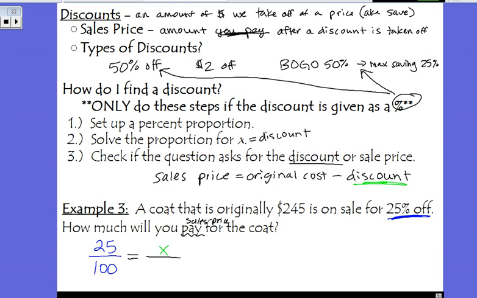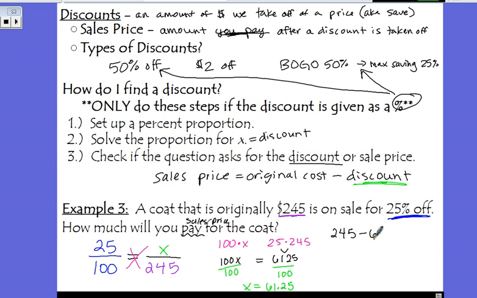I know I'm finding the discount on the cost of the coat. So the coat was originally $245. So the discount is out of $245. Go ahead and take a second to solve that proportion. All right, so once you solve that proportion, you're seeing that your discount is $61.25, but they want to know the sales price. So we need to take the original $245 and subtract the $61.25.